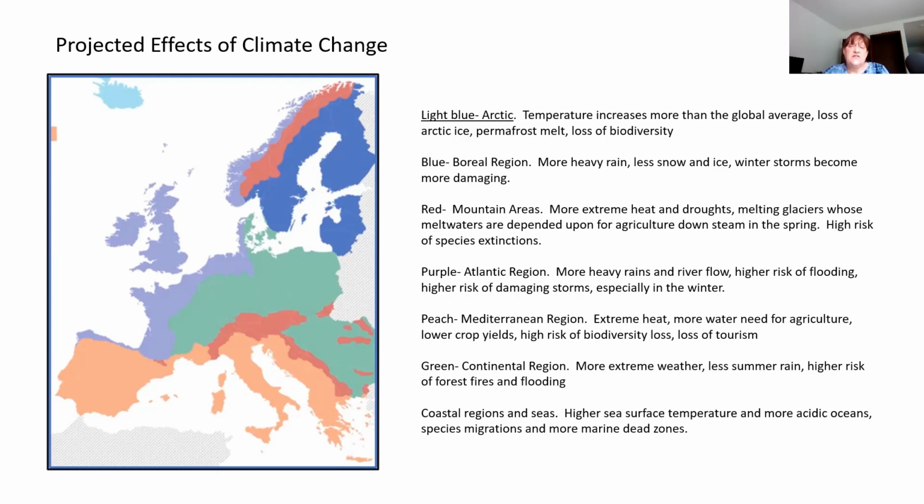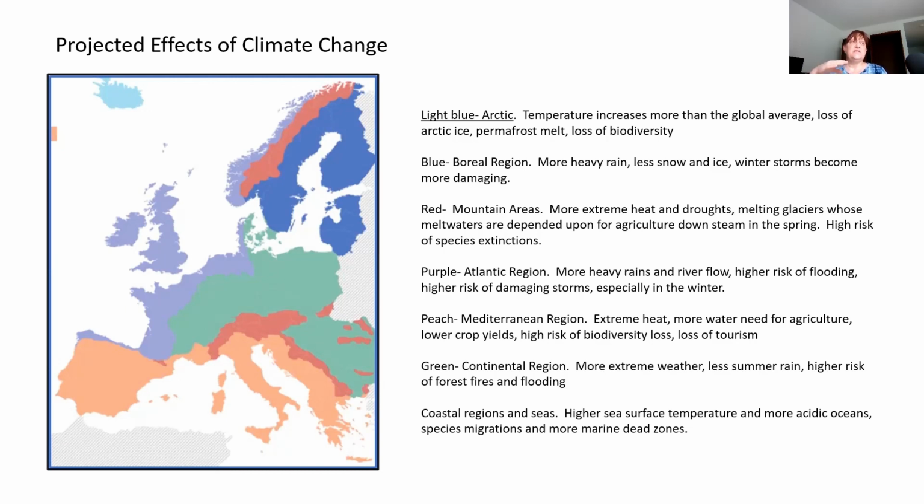In the continental region, in the green, more extreme weather, fires and flooding. And finally, the coastal regions and the seas. The surface temperatures of the sea are rising, and the oceans are becoming more acidic.